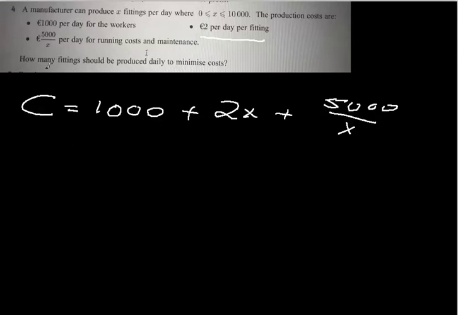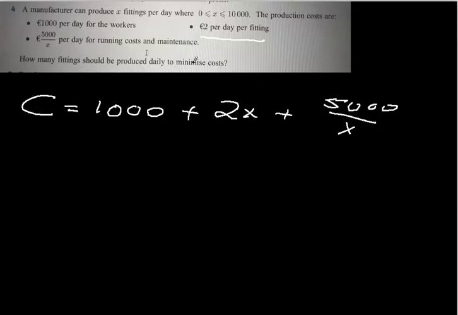If we look at the question, it says how many fittings should be produced daily to minimize costs. So of course, if you want, you can graph this and figure this out quite easily, but they probably want you to use some calculus.